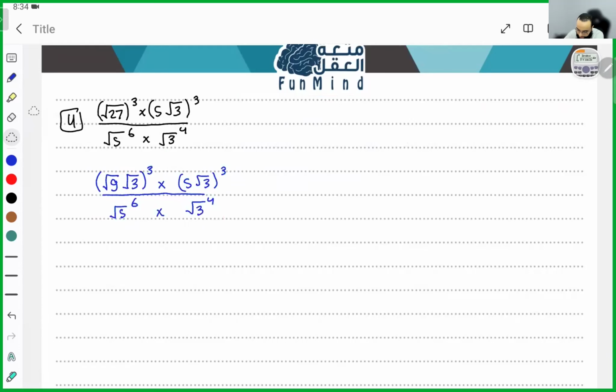You know this is 3. Yes, 3 power of 3 times root 3 power of 3, times 5 power of 3 over. We can get half of the power. Then it's 5 power of what? 5 over 3. Times root 3 power of 4. We can delete this part with this part.